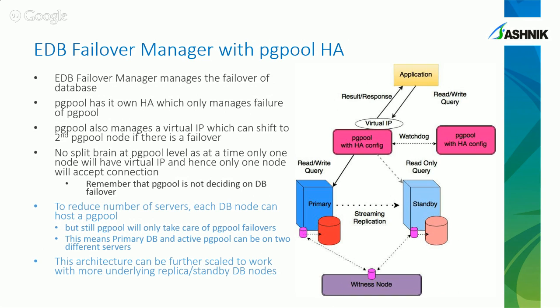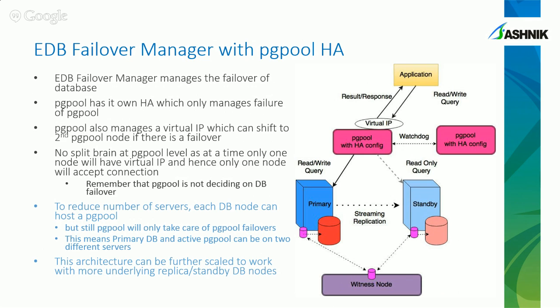And if my primary or the first pgpool server goes down, all the operations along with the virtual IP would shift over to the second pgpool server. Now, in this architecture, you can also place the pgpool services on the database itself. This is pretty much similar to the previous architecture that we discussed.